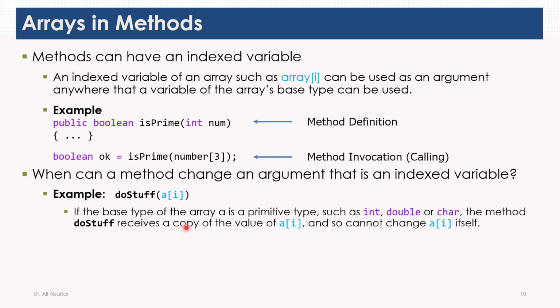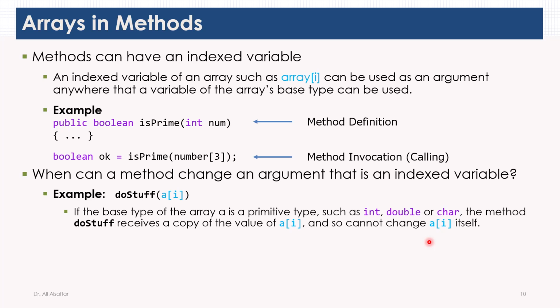If the base type of the array a is a primitive type, such as int, double, char, or float, then the method doStuff receives a copy of the value of a[i]. What does that mean? It means if you change it inside, you are just changing the copy, and so it cannot change a[i] itself because a[i] has the original value and the input parameter has a copy. So when we change the copy, the original value will not change.